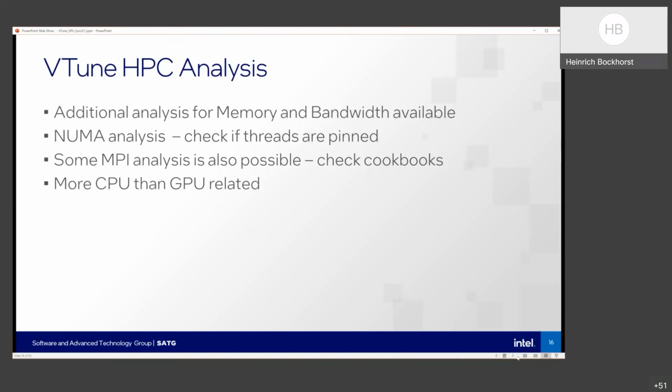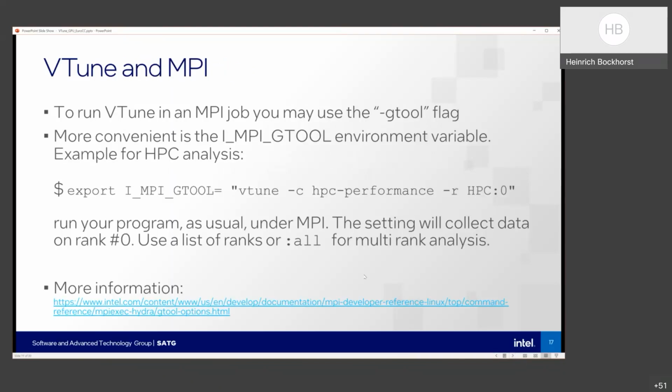So today we are talking more about GPUs, and now just one slide about vTune and MPI. Usually people ask when they hear the vTune talk, what about MPI? When I have MPI on a cluster, how shall I use vTune with MPI? There is one switch, the -gtool switch, which is quite handy.